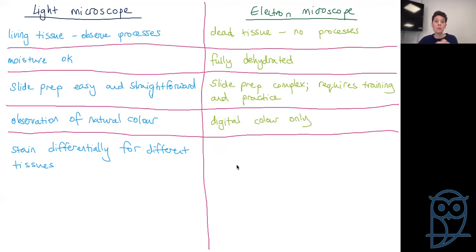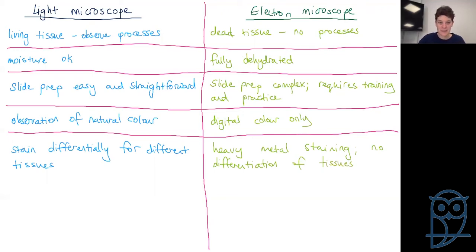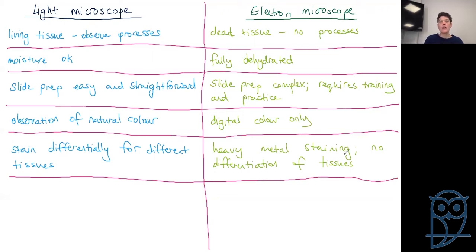And that is not going to pick up different tissues. We can't do heavy metal staining just for the lignin. So there's a lot more expertise that is involved in also understanding these electron micrographs and really figuring out what's there and what's going on.